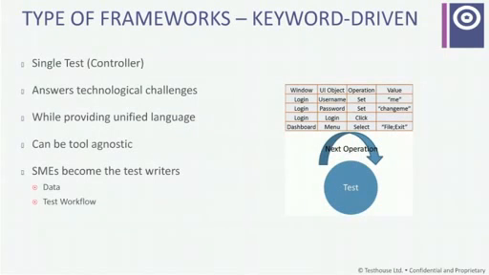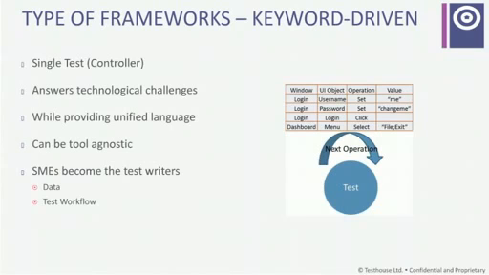The third type of framework is called keyword-driven. So it's a bit more advanced. Here, instead of writing a specific test for each business scenario you have to test, what you do is you create a controller, so it's just one test, which is actually going to read a file, let's say an Excel file, and it's going to execute step by step what you described in this file.